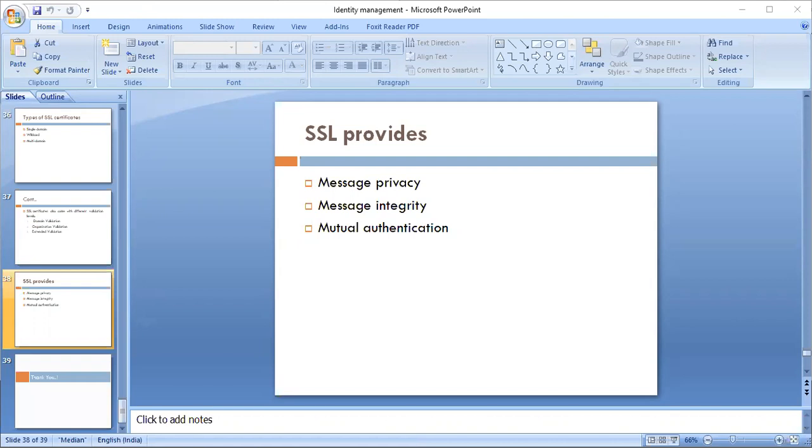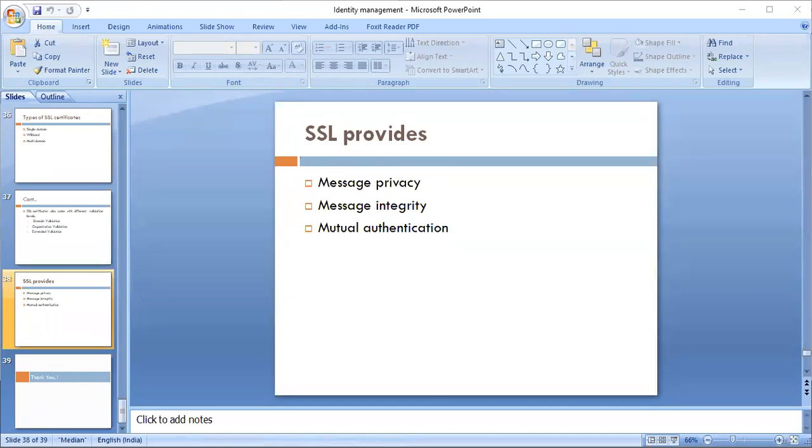And also it uses a handshake when initiating contact. When it is going to establish the connection between the browser and the server, it will handshake first just to authenticate that both parties are genuine.